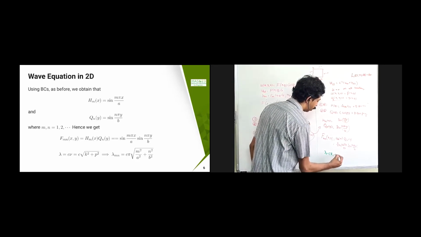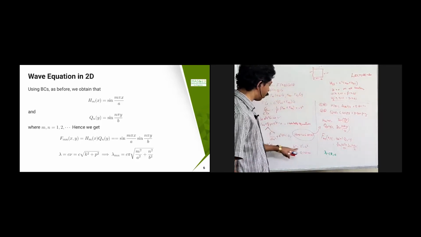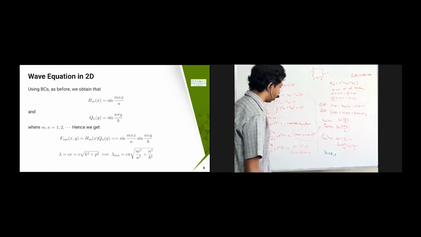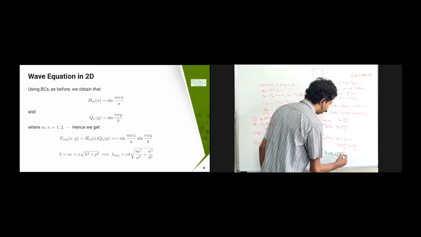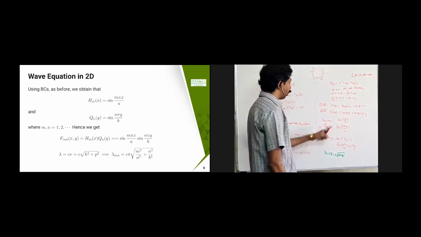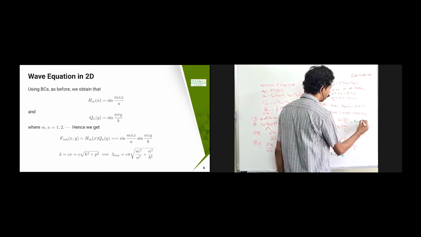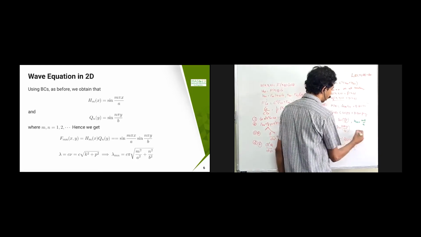Okay, c into nu is nothing but you can bring it from here. It is nothing but p square plus k square, or k square plus p square. Therefore, this is going to become the square root of p square plus k square. Here, km is nothing but m pi by a, and here p is nothing but n pi by b.